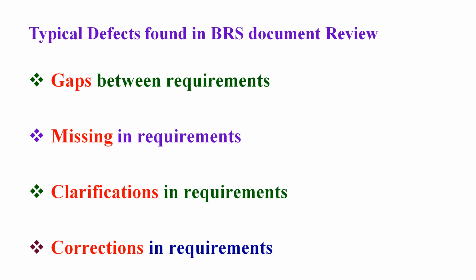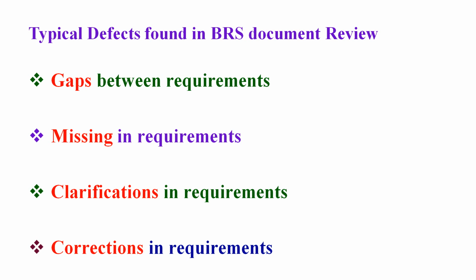And clarifications in the requirements: one requirement is designed by the business analyst. After reading it thoroughly and repeatedly, sometimes there will be some ambiguity, some confusion in the requirement. So the reviewer needs some clarification.